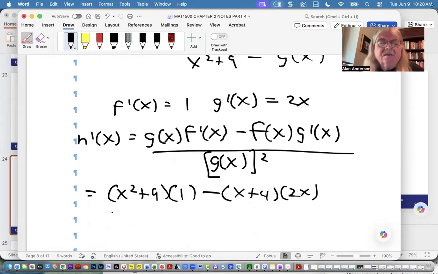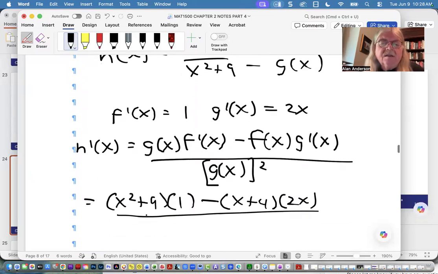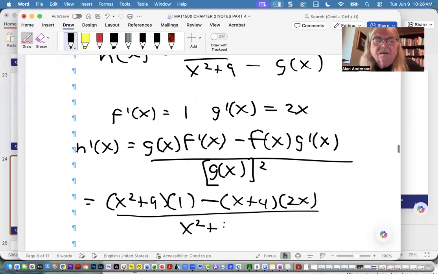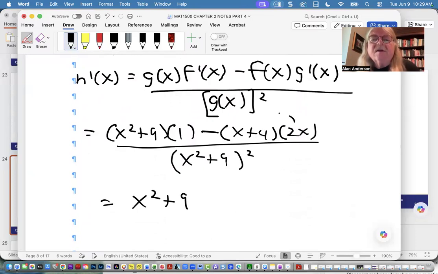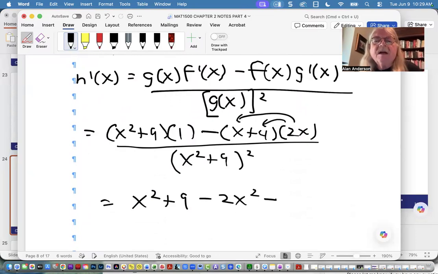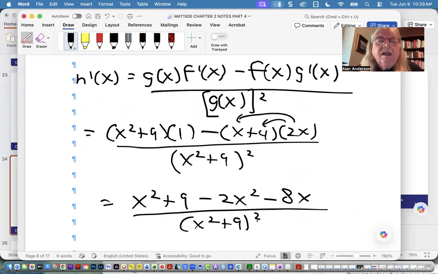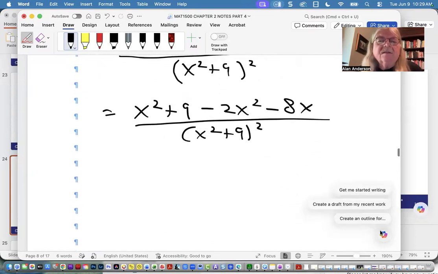And again, g of x is x squared plus 9. All right, let's see. Now this one, x squared plus 9, we don't have to do anything with that. Here we're subtracting, so be very careful. We're going to have minus 2x squared minus 8x. And once again, we combine the like terms.